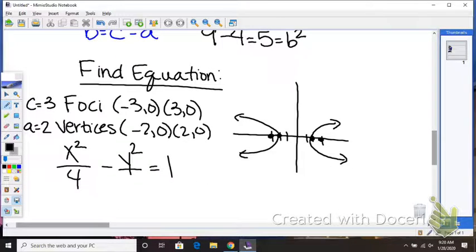Wait, so B, C is 9. C is 3 squared, C squared minus A squared. And then you just need B squared for your equation. So this would be my answer.